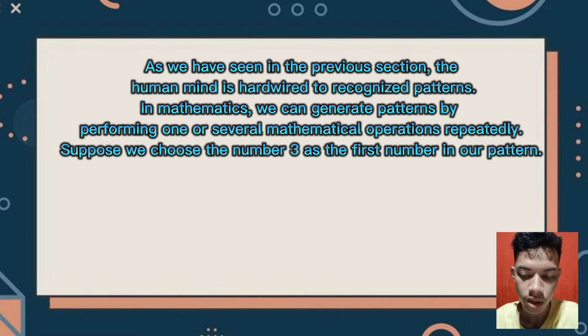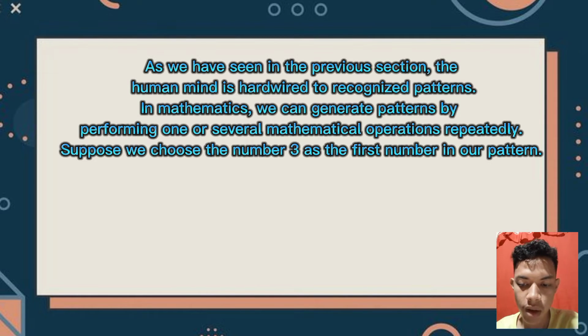So, Fibonacci sequence. As we have seen in the previous section, the human mind is hardwired to recognize patterns. In mathematics, we can generate patterns by performing one of several mathematical operations repeatedly. Suppose we choose the number 3 as the first number in our pattern.